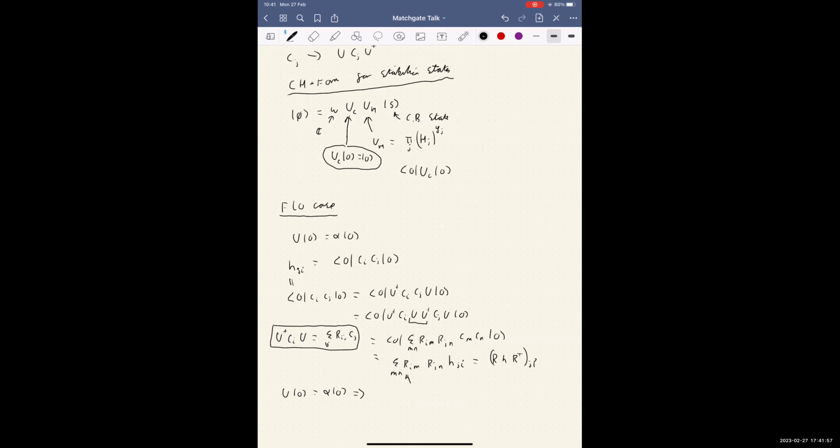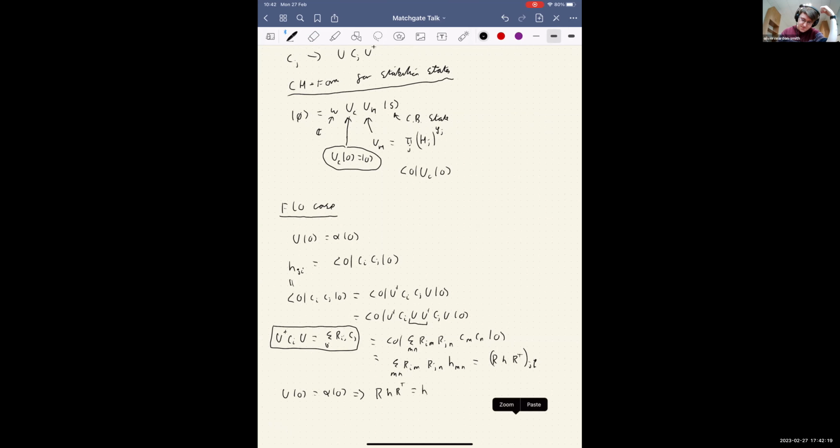Okay, sorry, here you mean. Yeah, sorry, this should be mn, you're entirely right. But here it's ji. So this in particular implies that R H R transpose is H. So R preserves this matrix H I defined.